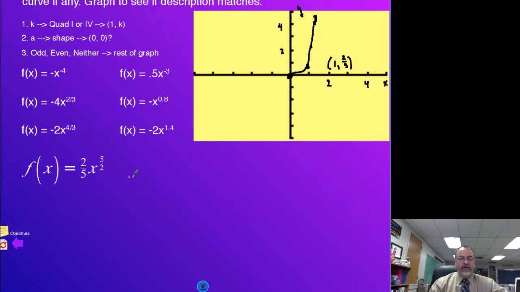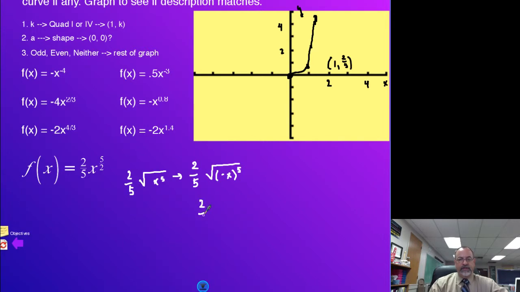So odd, even, or neither, so it's going to be 2/5. I'm going to change this into its square root of x to the 5th. I'm then going to substitute in negative x. So this is going to be the square root of negative x raised to the 5th power.